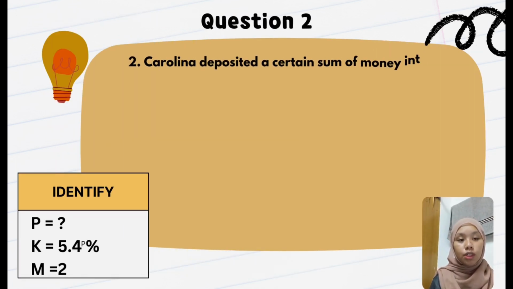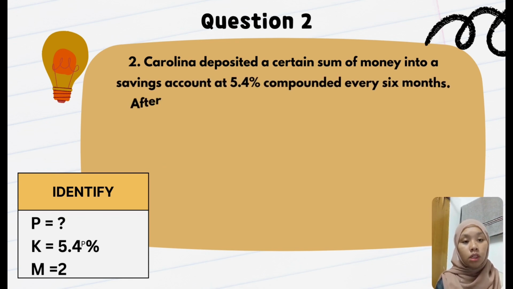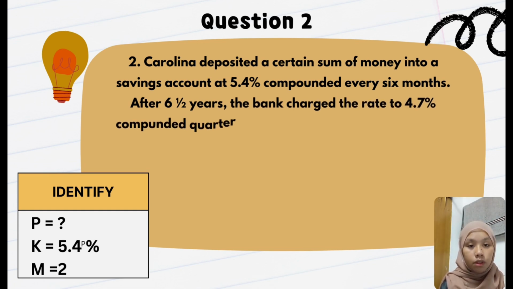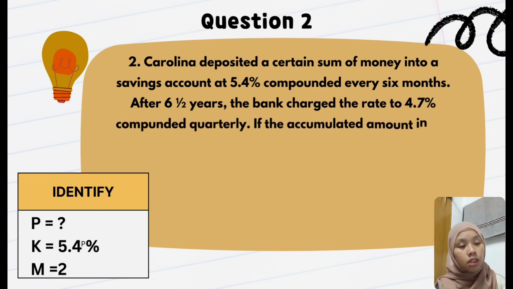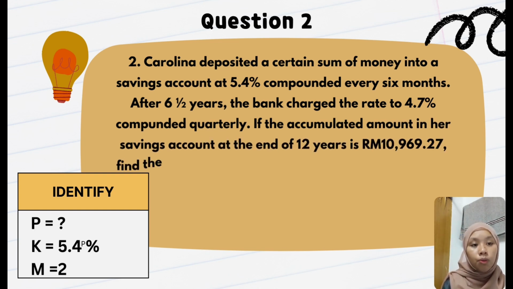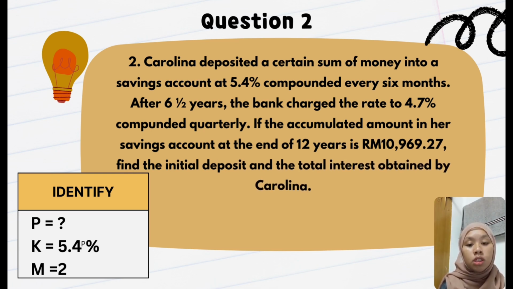I will continue with question 2. Before we start, we must read the question and identify what the question wants. Question 2. Caroline deposits a certain sum of money into a savings account at 5.4% compounded every 6 months. The next, after 1.2 years, the bank changed the rate to 4.7% compounded quarterly.